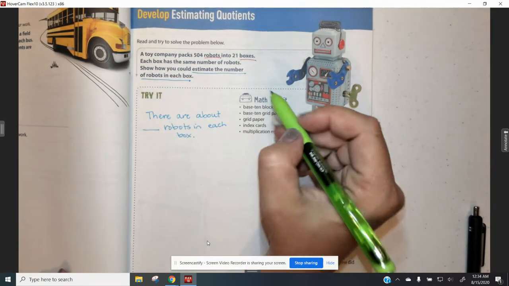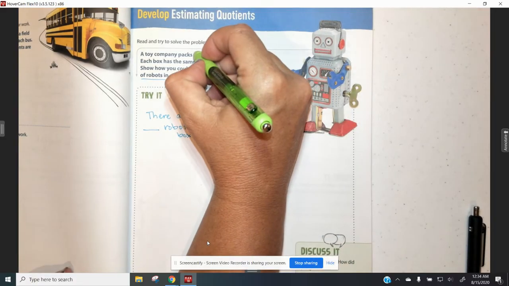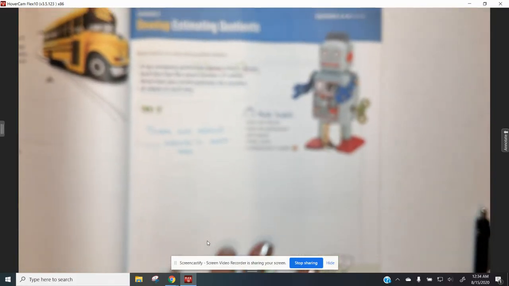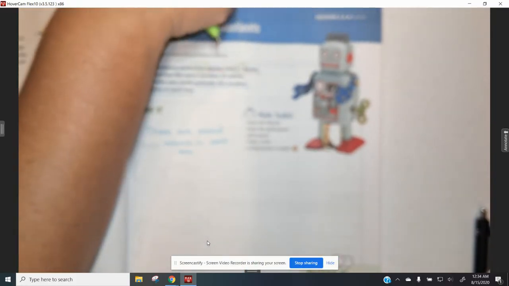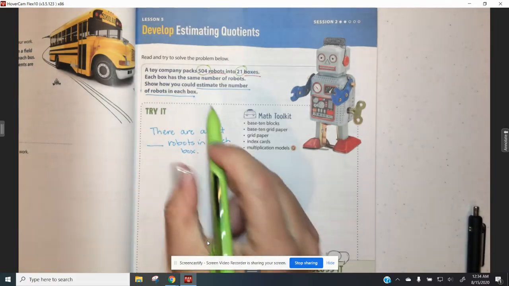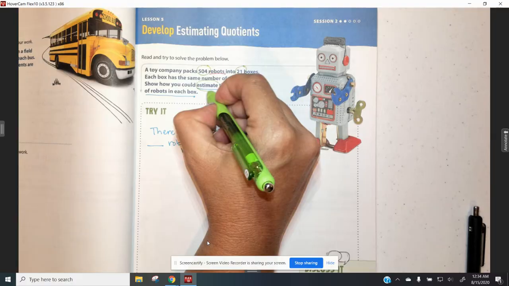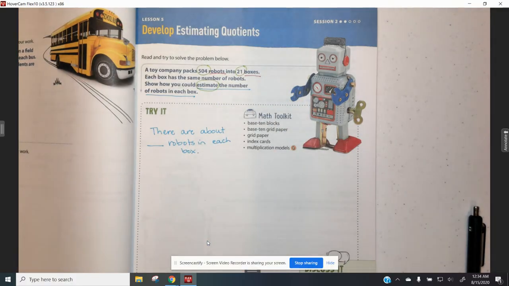And then we need to know what is our important information. There's 504 robots in 21 boxes. And I'm also going to mark as important information that we are going to estimate. We're not trying to find an exact answer. We're trying to get an answer that is close to how many robots would be in 21 boxes.